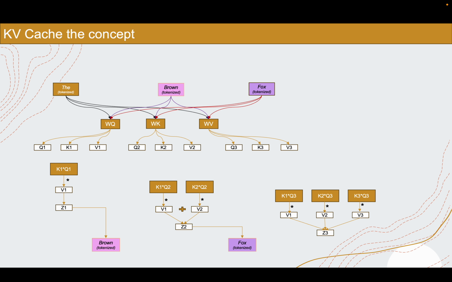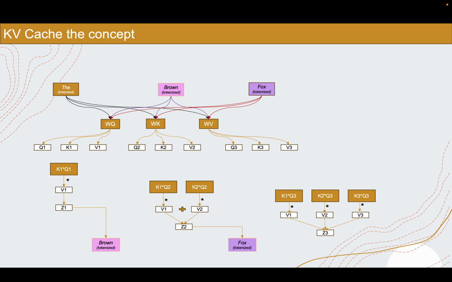Think about Q as follows: the Q value of a token signifies what that particular token is looking for in other tokens. K signifies what information that token offers to other tokens.